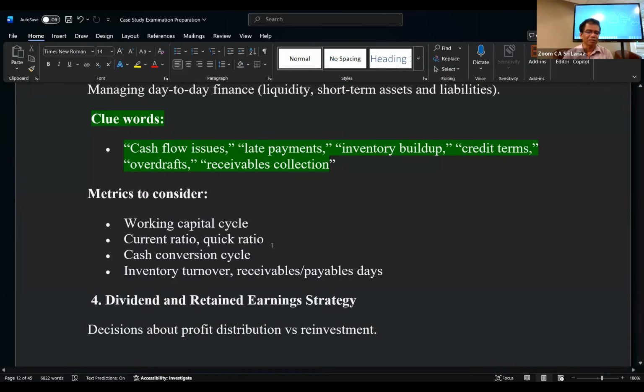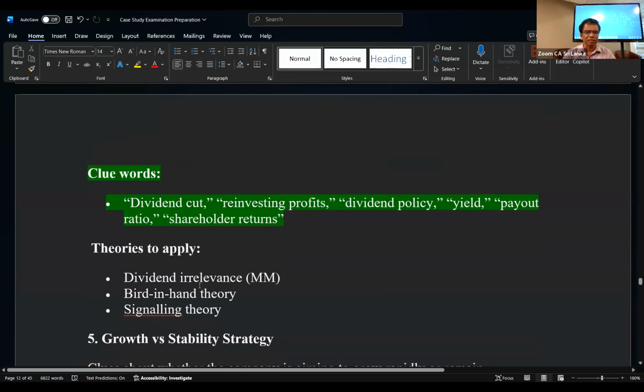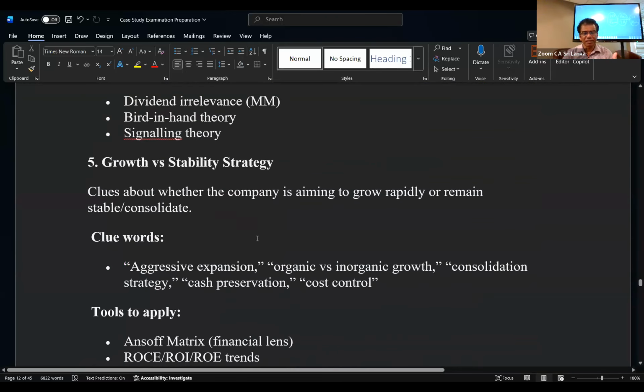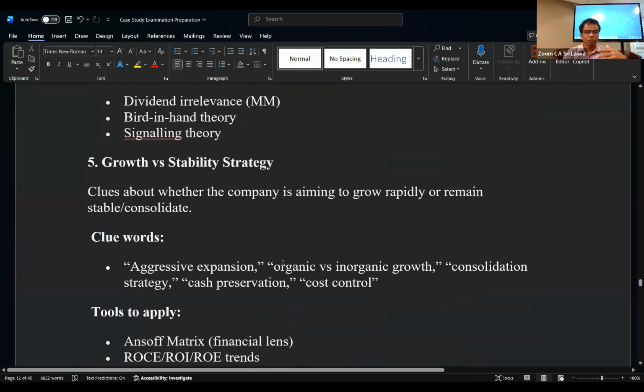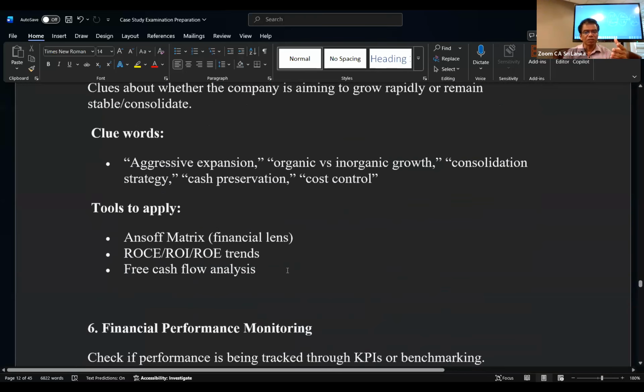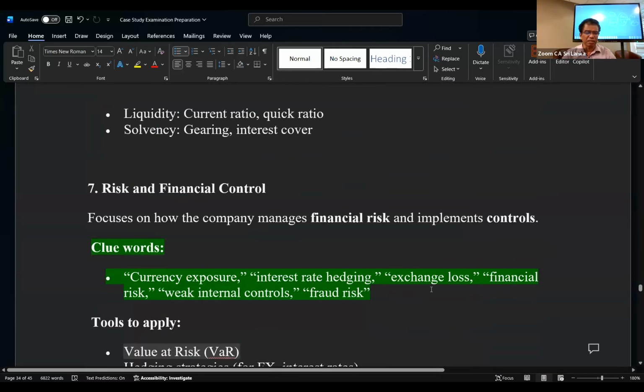So this is a different industry, and this will not come into the scenario in this case. Theory will be there, dividend policy in the bank. Make sure you are familiar with those matters, because when the financial information is given, you will know what type of areas will be tested.